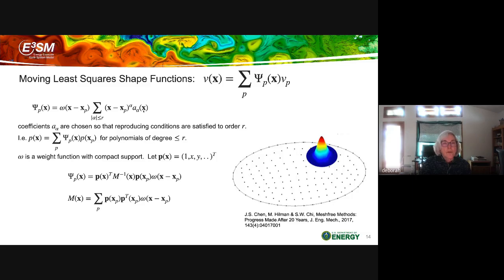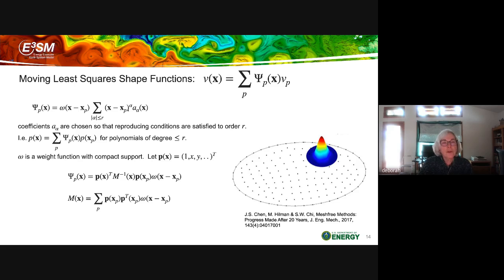So if you want to determine a function at a position x, you get a set of coefficients for that point. But the polynomial is then multiplied by a weight function, which has compact support in order to take this polynomial that's defined globally and give it compact support, to make it more similar to the kinds of shape functions that we're used to, for example, in finite elements.